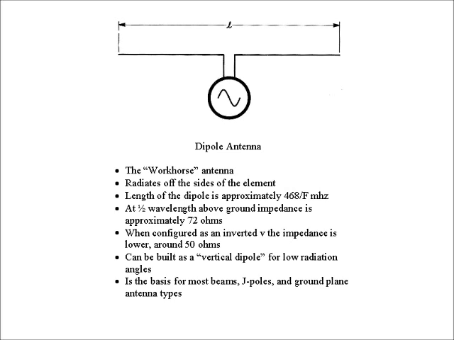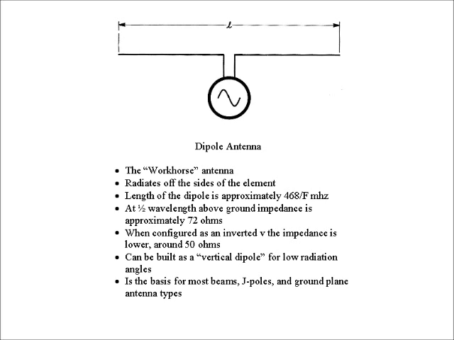Practically every ham who's been around for a while has built the dipole antenna: the wire, the insulator, a feed line to your generator. How many here have built the dipole antenna? Pretty much everybody, right?